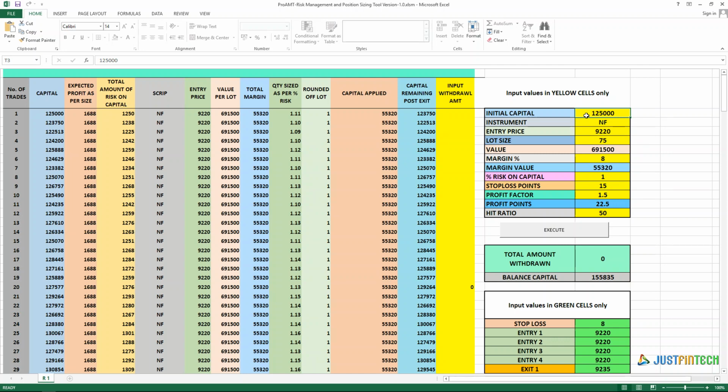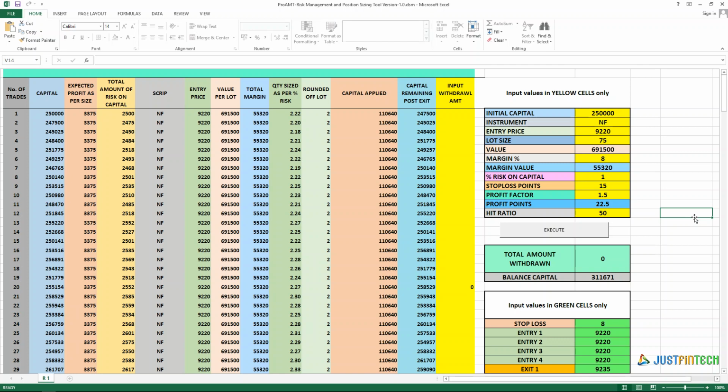Let's see what is the capital that we require. So on a capital of 2,50,000, you can take a 1% risk, keep a stop loss of 15 points, and trade two lots easily.